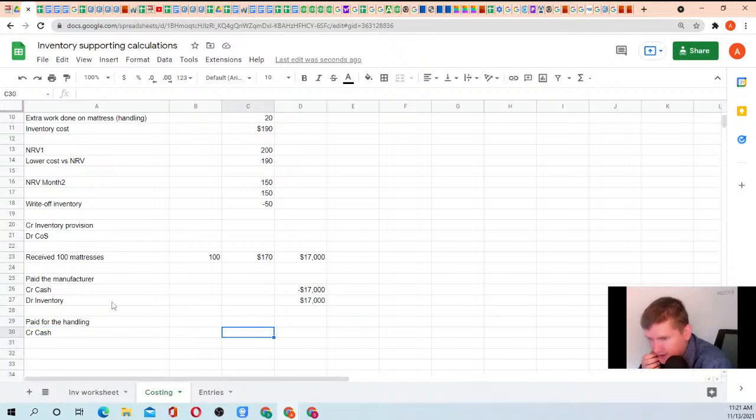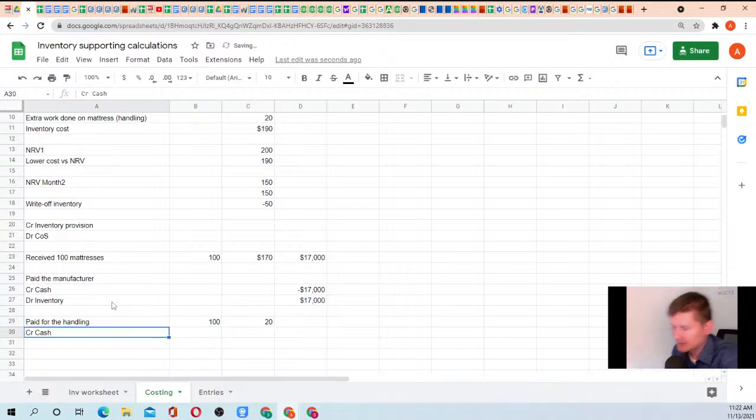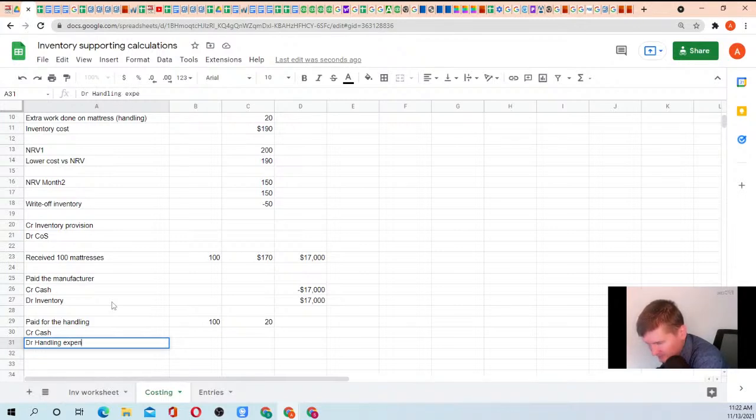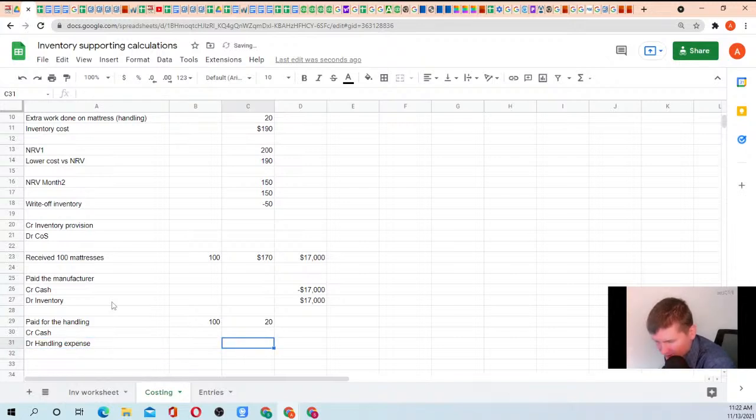And that would be 100 items. So same 100 items, but handling per item was $20. Let's assume we initially recognize that as an expense in the period.